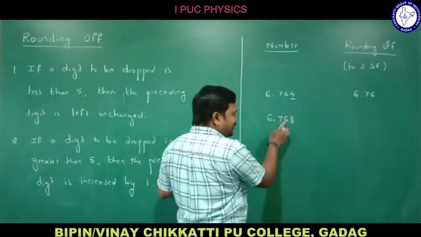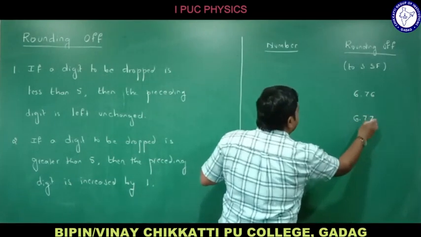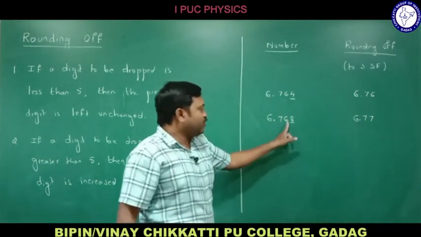It is greater than 5, so the preceding digit is increased by 1. Which is the preceding digit? 6. We need to add 1 to it. So what do we get here? 6.77, right? I just added 1 to it.